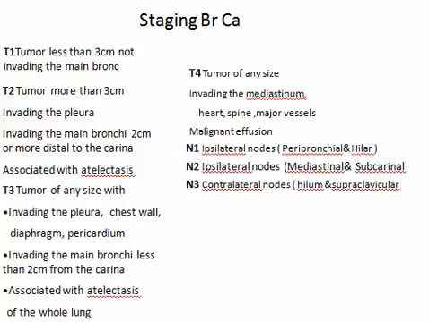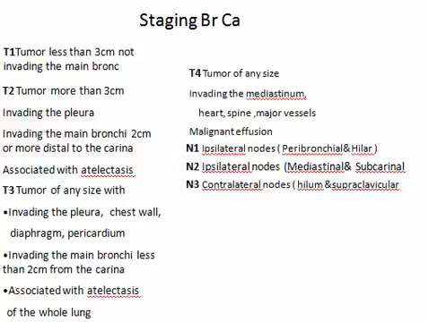Staging bronchogenic carcinoma, if you have a tumor less than 3 cm not invading the main bronchus, it's T1. If it is more than 3 cm invading the pleura, invading bronchus, or associated with distal atelectasis, it's T2.